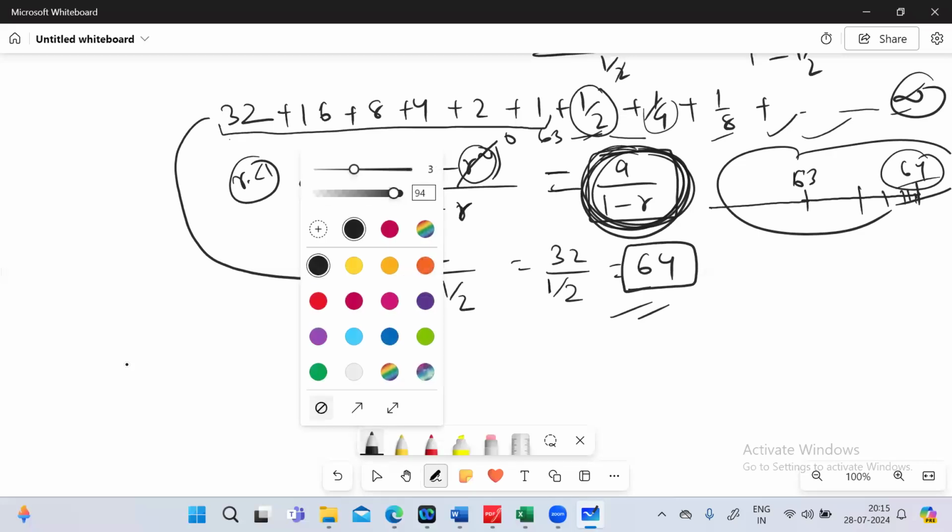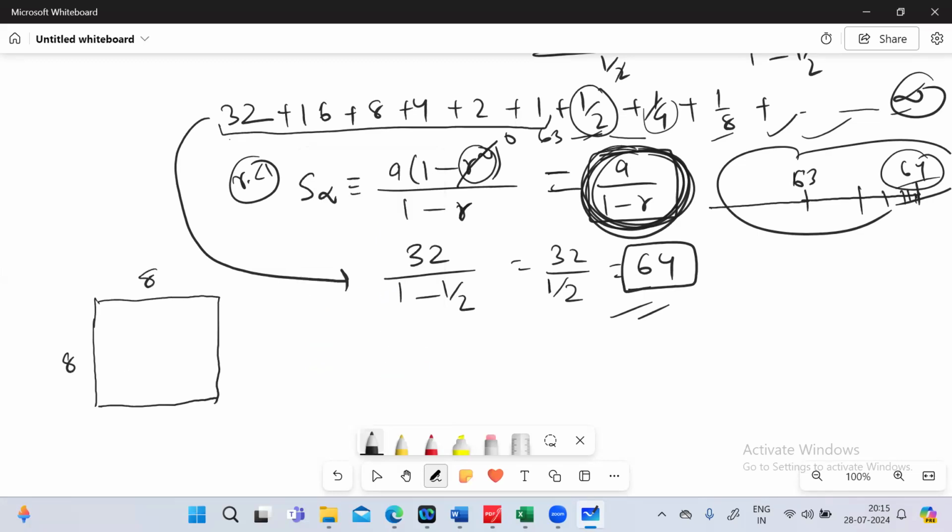Like the question may tell, there is a square of side 8. And what you did, you connected all the midpoints of all the sides. Then you again got a square.